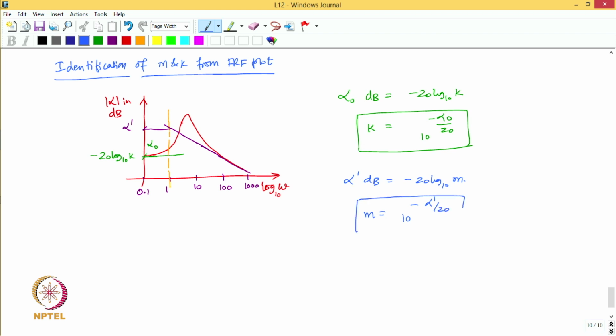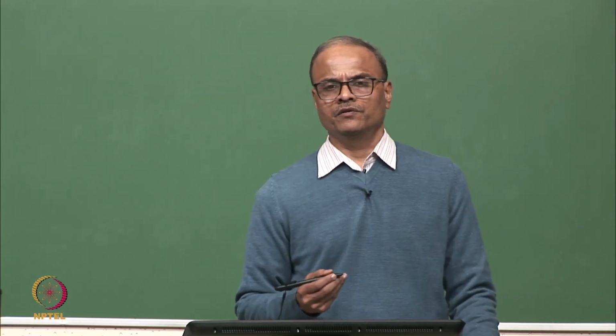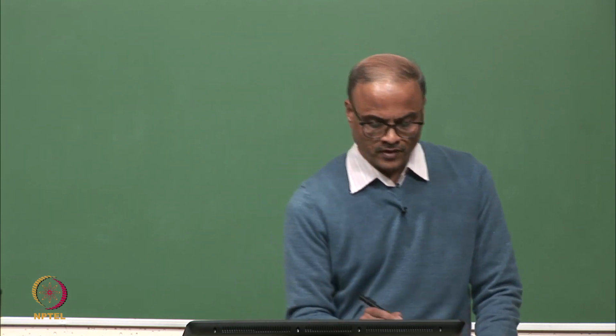Of course, we should remember that this line has been drawn with a slope of minus 40 dB per decade. So, that is how we can identify the mass and stiffness of the system from the FRF plot of the system. Can we identify the viscous damping coefficient from these mass and stiffness lines?